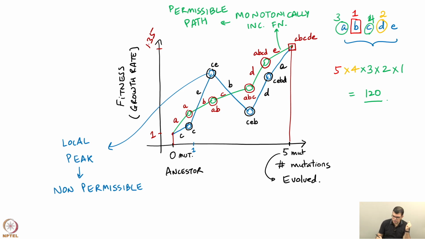What you should realize here is, let us focus on mutation B. Let us see what happens when mutation B occurs on the green path.